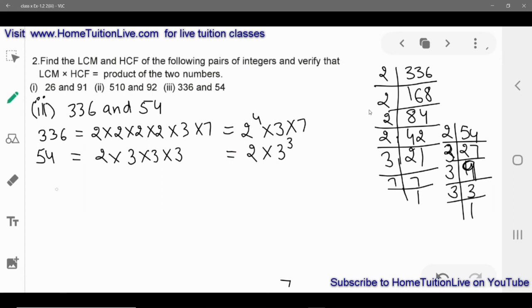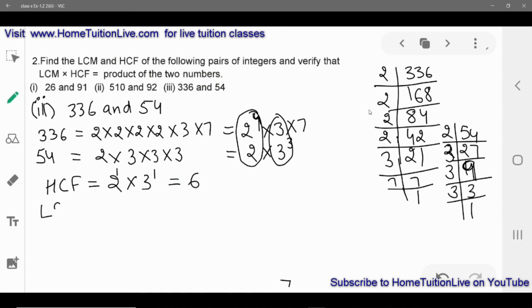So the HCF of 336 and 54 is, first we write the common numbers. Common is this, common is this. So 2 multiply 3. Now the lowest power is 1, and its lowest power is 1. So our HCF is 6.